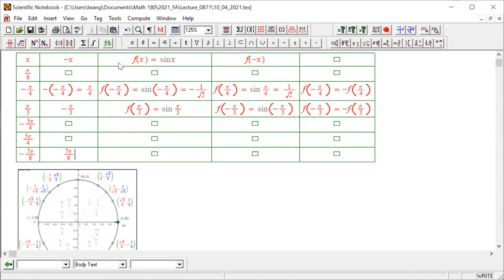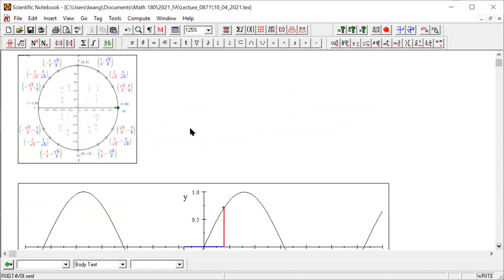We measure from the standard position, of course, that's how angles are measured, and then we go clockwise. So this is a pi, and plus another pi/6, this is the terminal side of -7 pi/6.